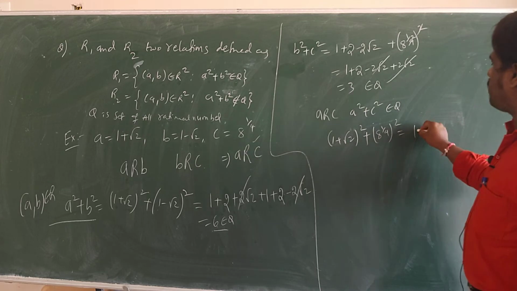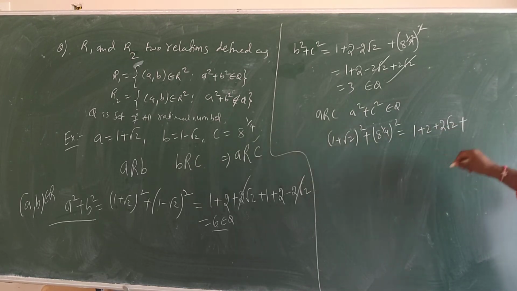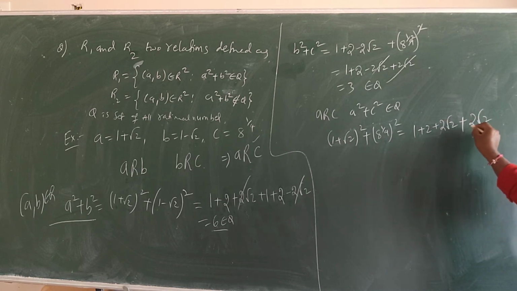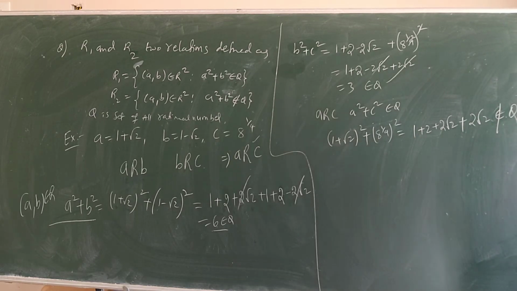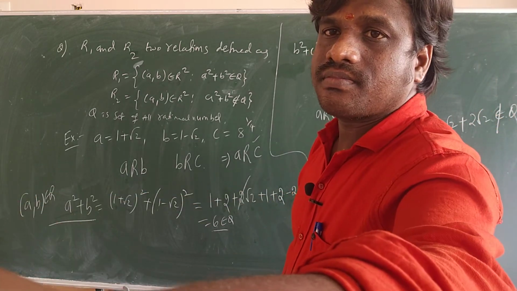So you get 1 plus 2 root 2 plus 2 root 2. So you are not going to get 0, you are going to get an irrational number. This does not belong to the rationals, which means R1 is not transitive. Understood? That means in the options we can delete that.